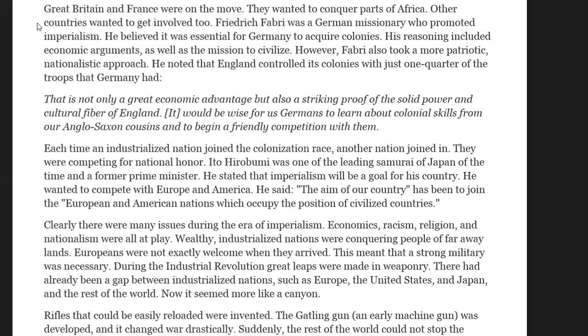So, long story short, the fourth thing after industrialization, racism, religion was, you could say, nationalism or competition, the desire to not fall behind, the desire to be a colonizer rather than a colonized country. So those are four reasons they talked about.